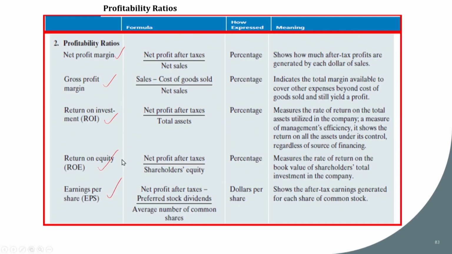For instance, the gross margin denotes efficiency of production, and the net margin is the ultimate bottom line, and the ROA assesses the profitability related to its assets, and the ROE measures profitability relative to its equity, a key measure for investors. And finally, the EPS measures profit per share for shareholders.